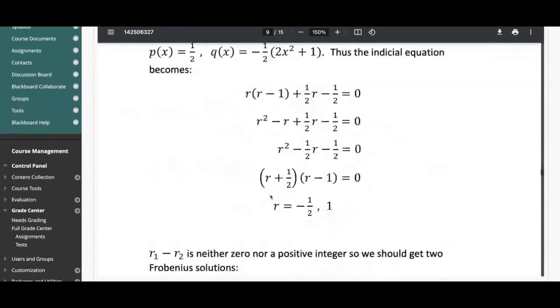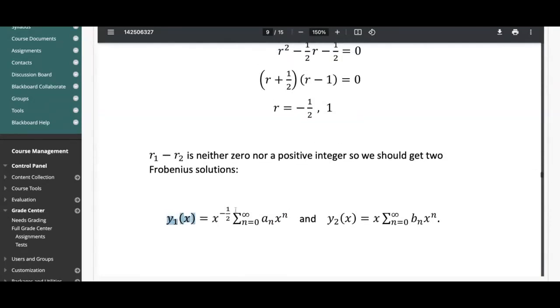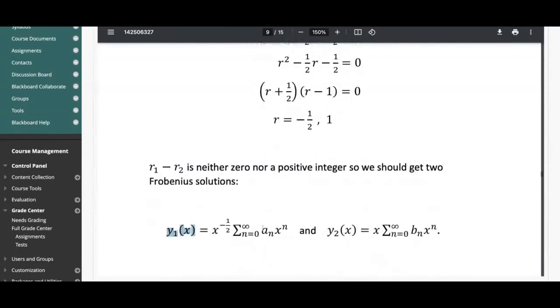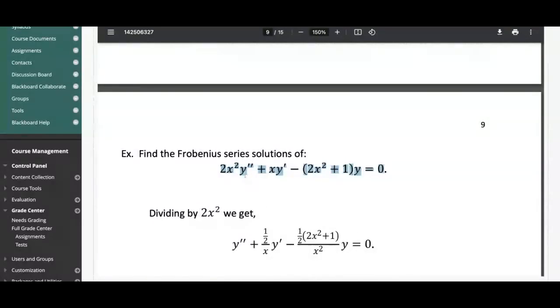Right? Okay, this is our first solution. To find AN, what do we do? We go back to this original equation. We find a y double prime, we find a y prime, we plug into this, we match up the exponent of x.